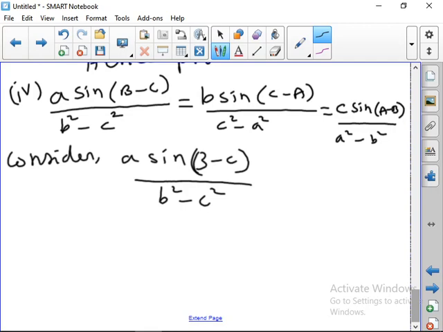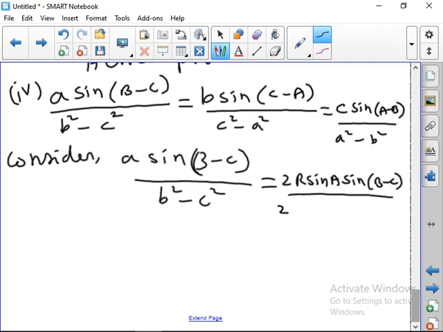We'll consider this. So this is nothing but a, which can be written as 2R sine A. Next, sine B minus C divided by b square minus c square. b square is what? 2R the whole square.